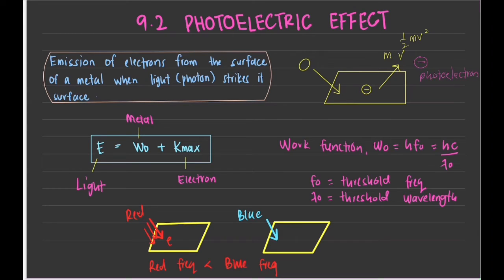For blue light, if we strike the blue color, there will be electrons ejected. Okay, so if we increase the intensity of blue color, the number of electrons ejected will be higher.